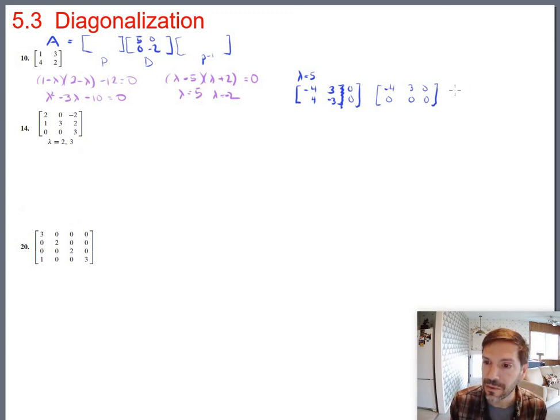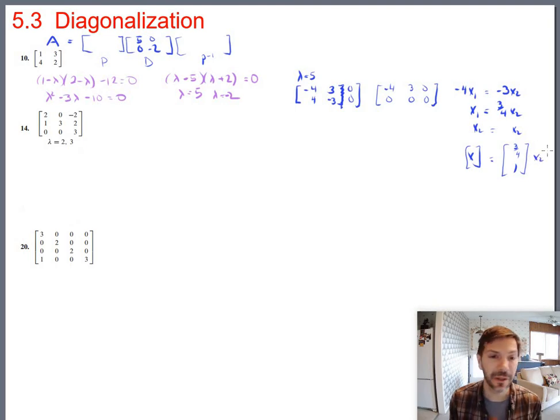So the equation here would be negative 4x1 equals negative 3 x2. So x1 equals 3/4 x2, and x2 equals x2. So the eigenvector is any multiple of 3/4, 1. And you certainly can use 3/4, 1.